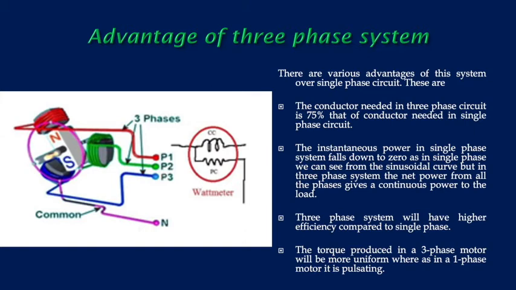So in single phase, a minimum amount of power can be transported. Here the generating station and load station will also be single phase. This is an old system used from previous times.